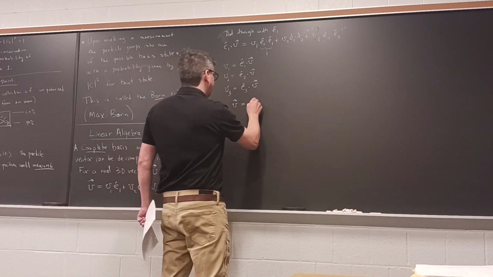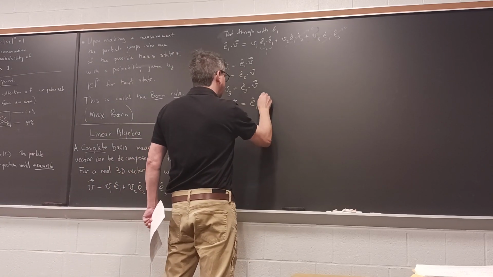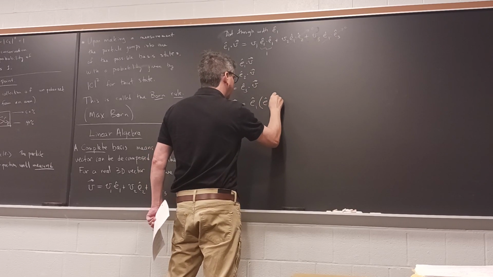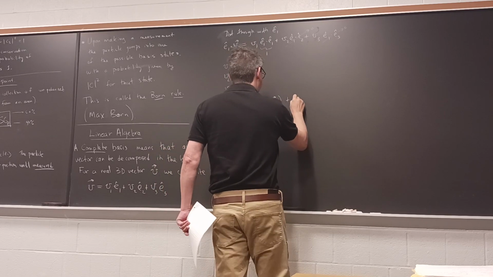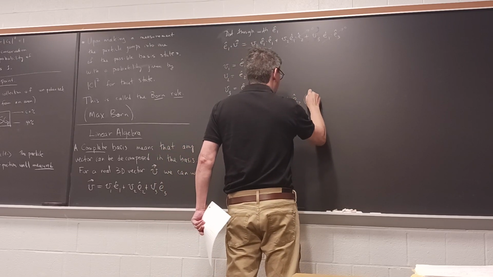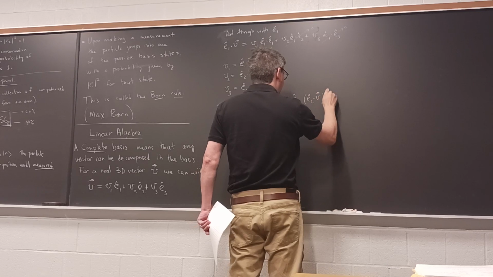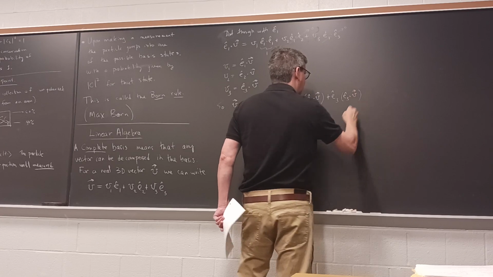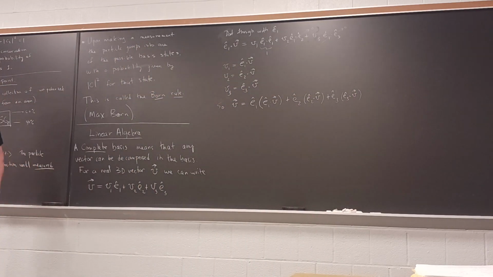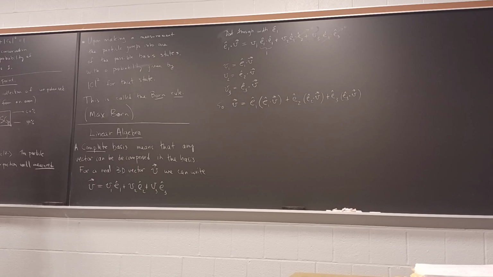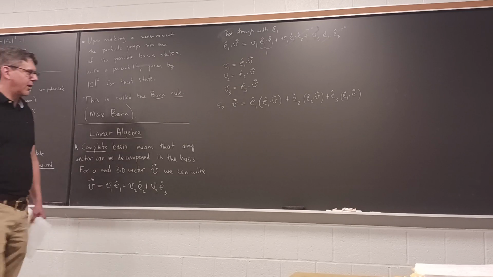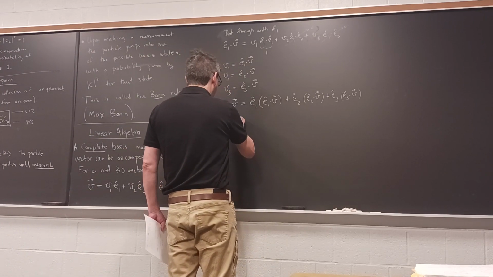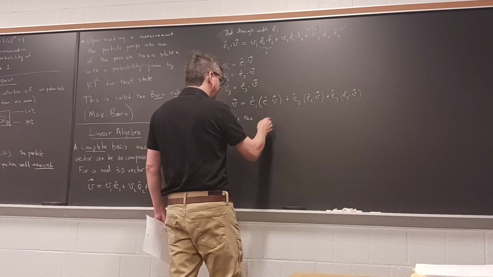So I'm going to write E1 hat, and then in parentheses, V1, that's E1 hat dotted with V, plus E2 hat times E2 hat dotted with V, and then E3 hat times E3 hat dotted with V. This is kind of an awkward way to write it maybe, but then I want to write the right-hand side as an operator acting on V.